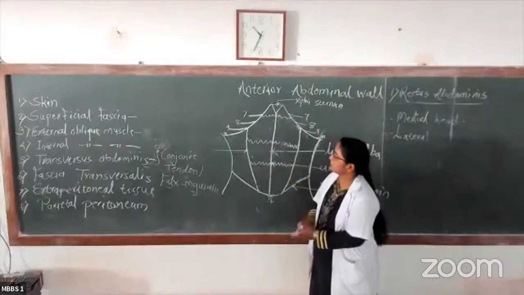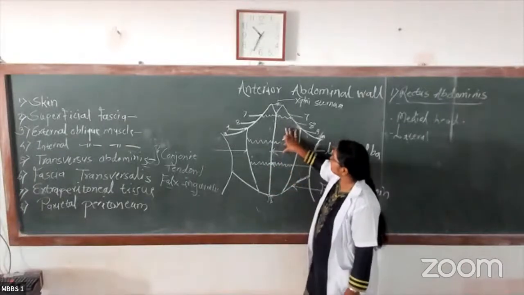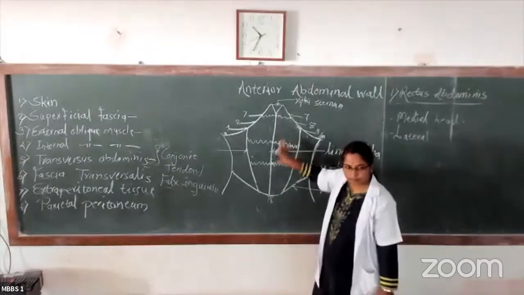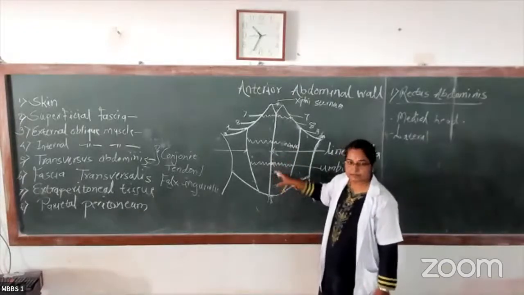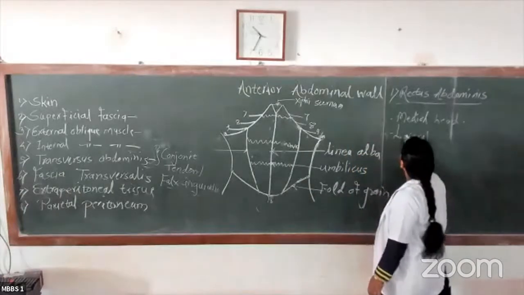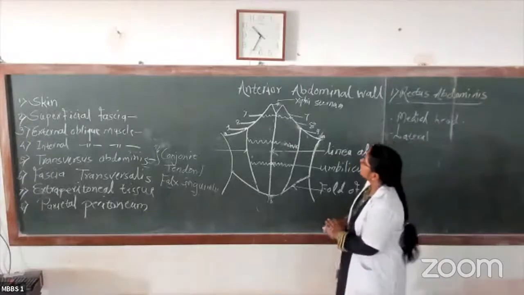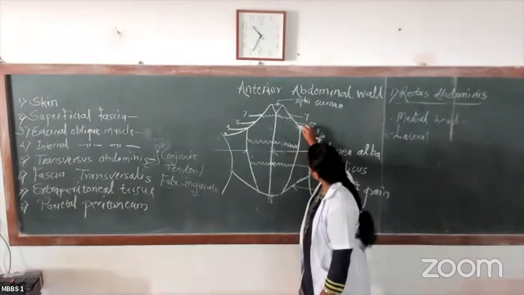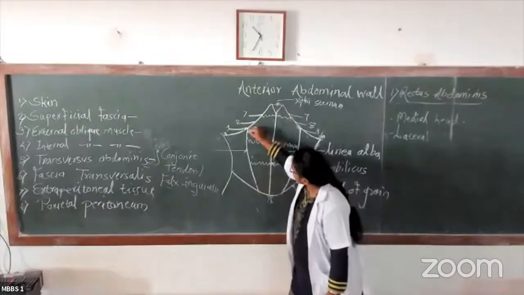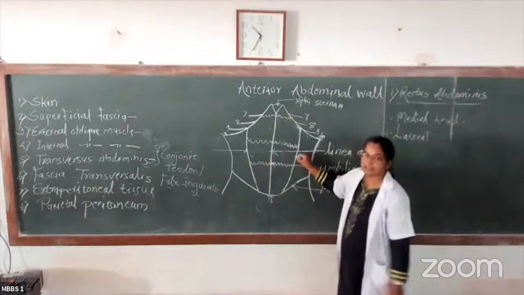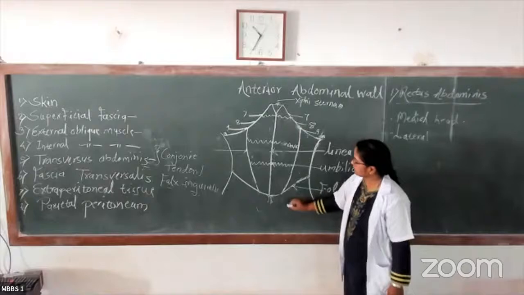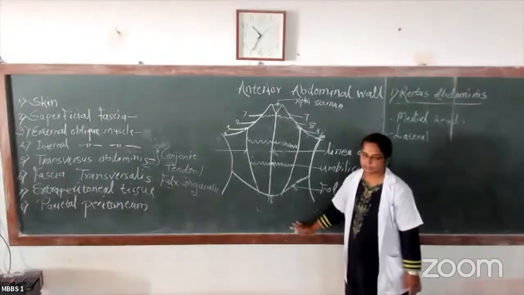In this way they provide more strength to this long muscle. Now the lateral margin of this rectus abdominis is called the linea semilunaris, which extends from the tip of the ninth costal cartilage above to the pubic tubercle below.